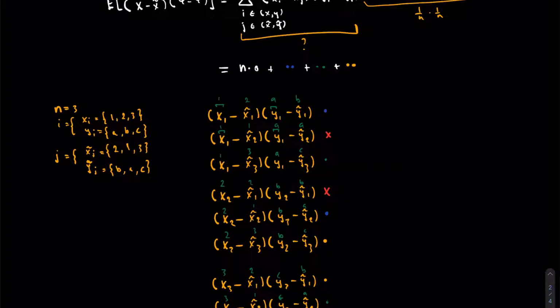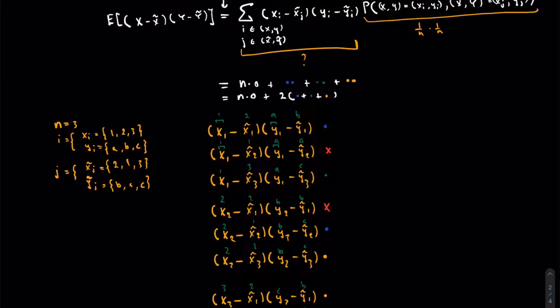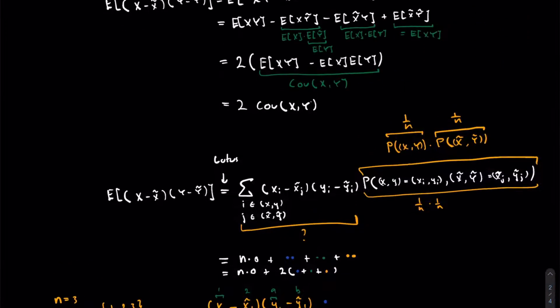Okay, that's interesting. And now we can say this is equal to n times 0, well, that's just 0. We have 2 times 1 blue, 1 green, 1 orange. And that is the covariance of that term up here.